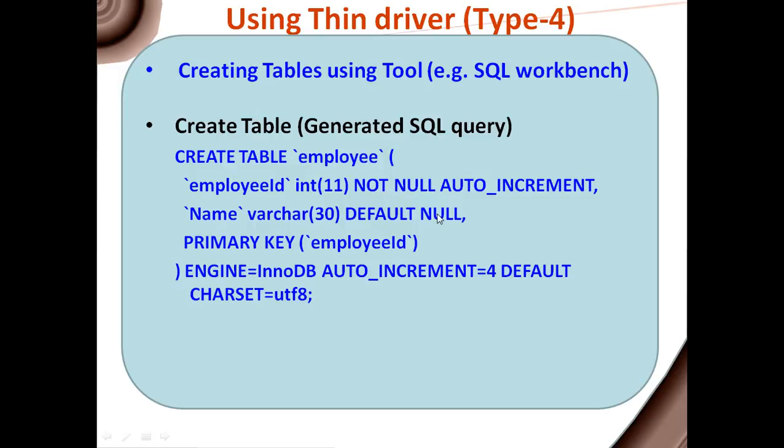And then the name will default, it could be null. And here you can see the primary key is employee ID, and then all those other things related to the database, like InnoDB, are part of this. So this is the query generated by a tool like SQL Workbench.